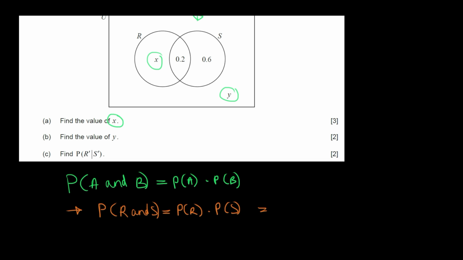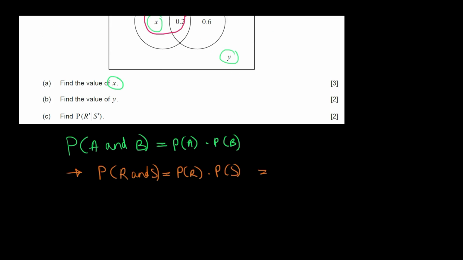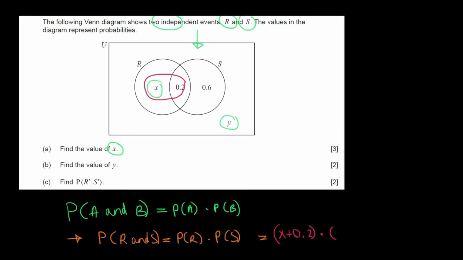Now what's probability of R? Since the values shown are the probabilities, that's what the question says, we're just going to take all the values inside of the set of R. This circle has X plus 0.2, so we're going to write X plus 0.2 multiplied by, what's the probability of S?